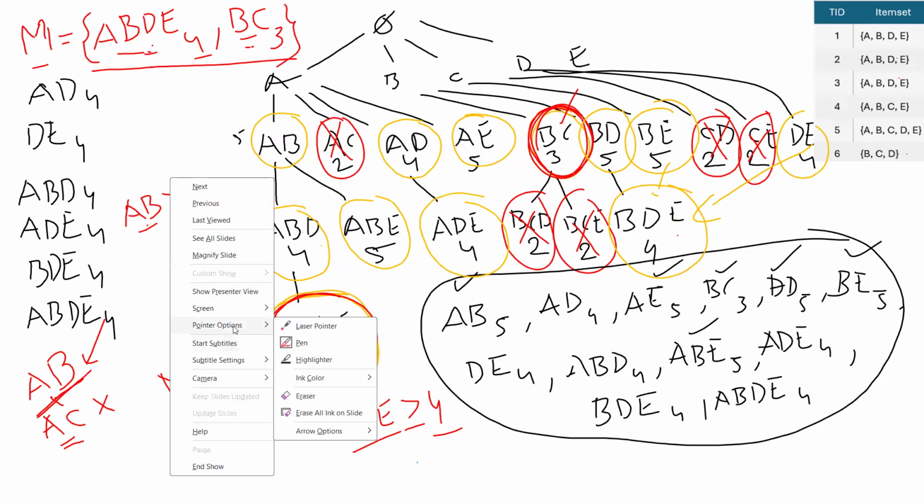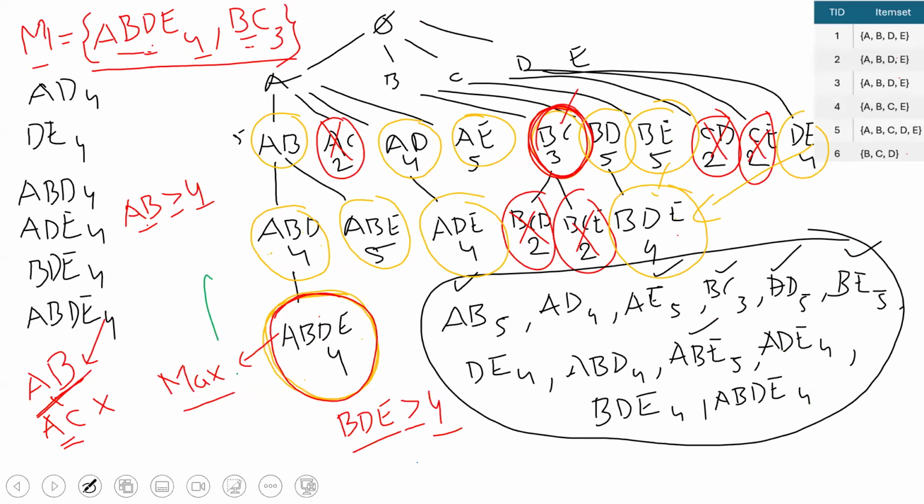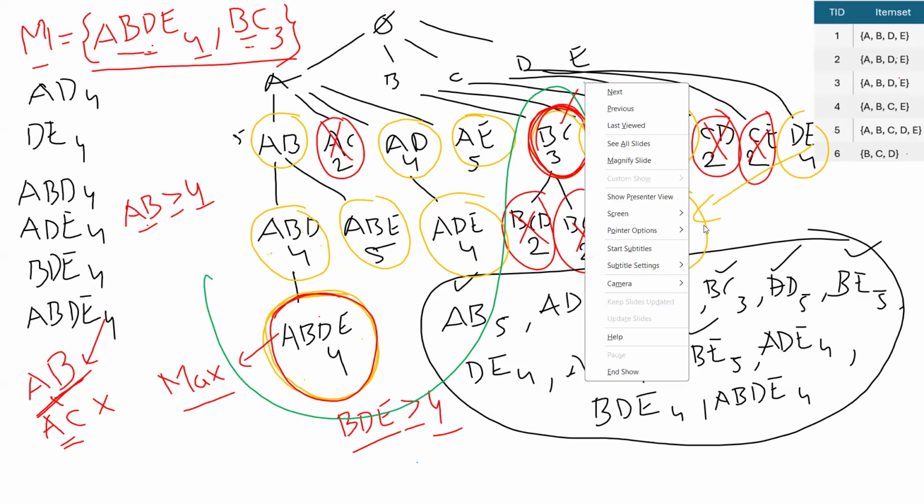If you draw a boundary, this is how it looks, right? So if I draw a boundary, this is how the boundary looks. No, that's the wrong one. So they act as the boundary elements.